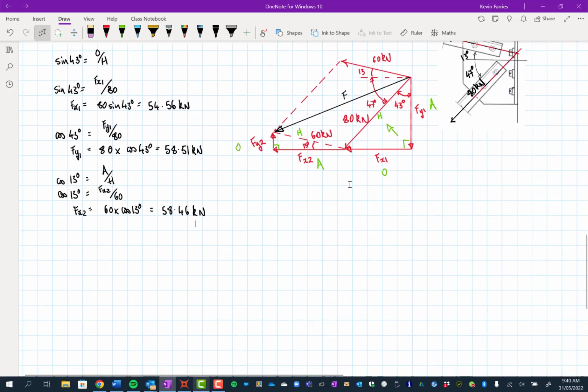Let's move it up a little bit. And now we've got Fy2 to figure out. So opposite, hypotenuse, sine. So sine 13 degrees equals opposite over hypotenuse. So sine 13 degrees is equal to Fy2 divided by 60. So Fy2 is equal to 60 sine 13 degrees.